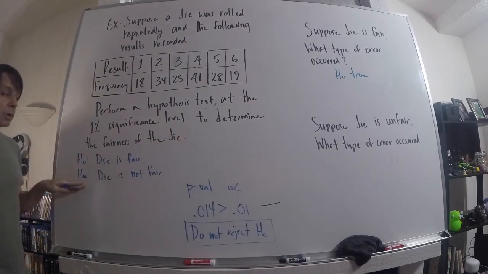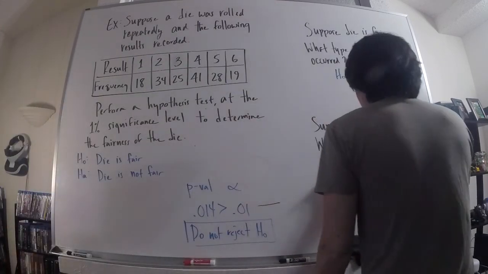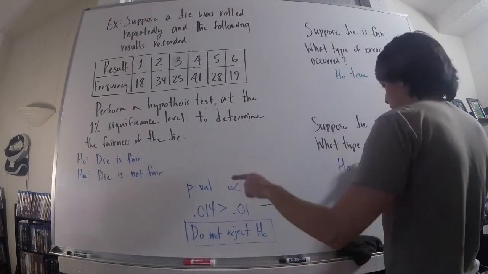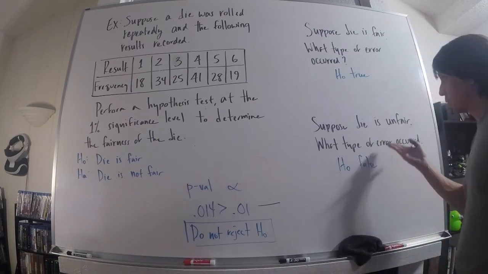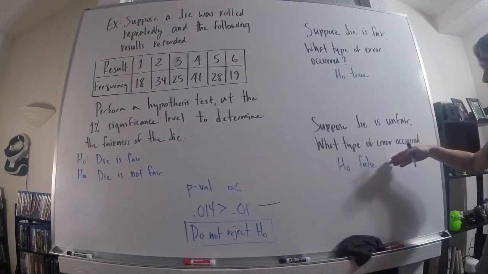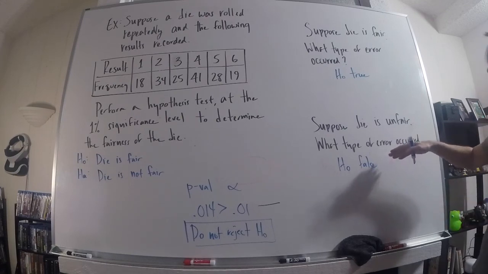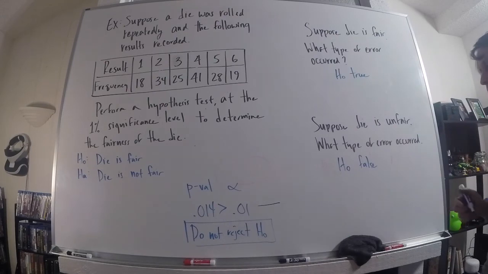That means the alternative is true, which means H0 is false. The die is unfair; that statement for H0 is false. So these are the truth values of the null hypothesis in this scenario and this scenario. What type of error occurred?